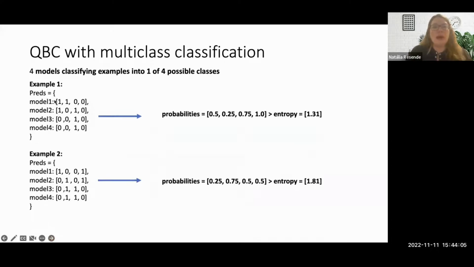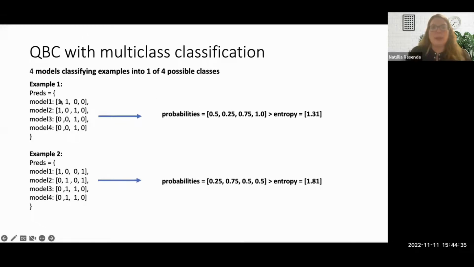In model 1, for example 1, we have these predictions: 1100; model 2, 1011; model 3, 0010, and so on. For example 2, we have these other 4 predictions. And then what we do is we calculate the probability over the predicted classes.